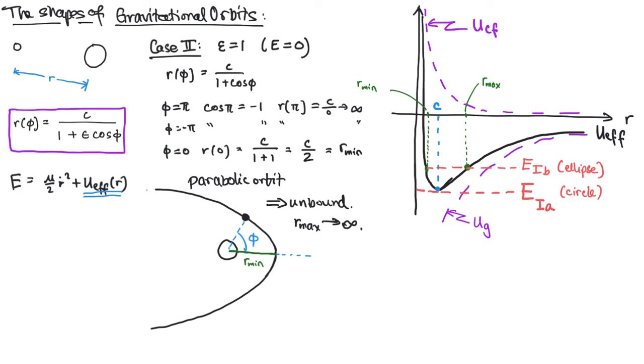You can show that this expression for position versus angle can be recast in Cartesian coordinates as the equation of a parabola, like so.